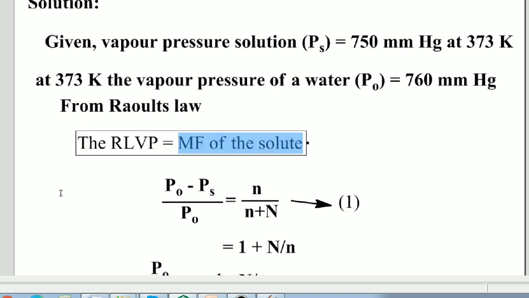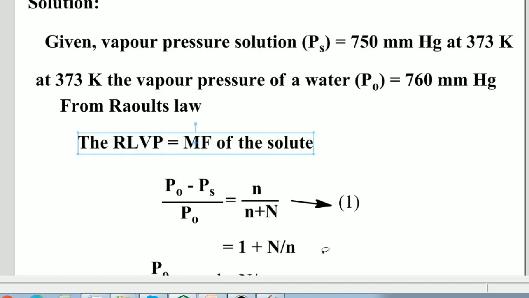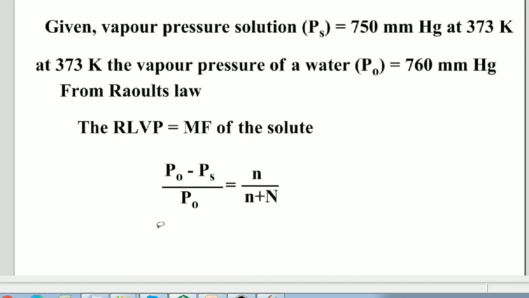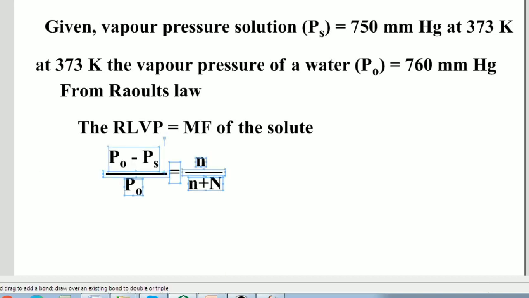For the given problem we should find the mole fraction of the solute. We know that the relative lowering of vapor pressure is nothing but P naught minus Ps by P naught, and that is equal to the mole fraction of the solute.